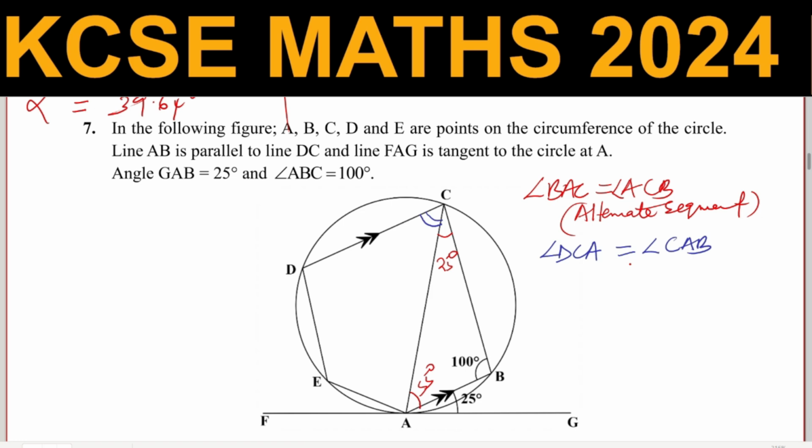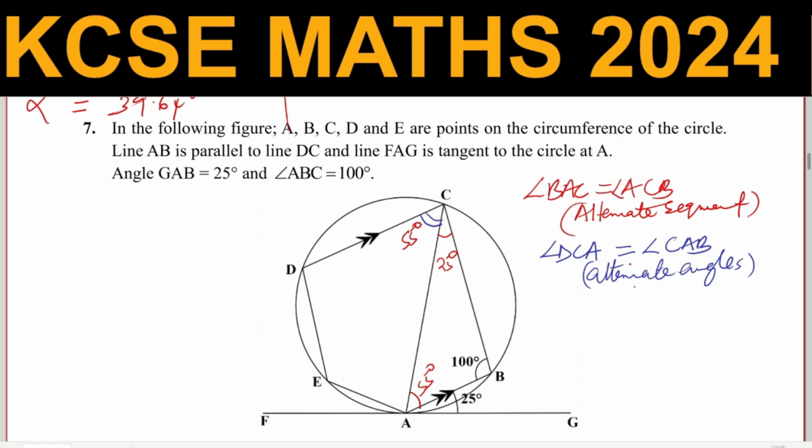CA is a transversal, DC is parallel to AB, and therefore these angles are alternate angles in a transversal. So therefore this is 55, and therefore this one should be 55.